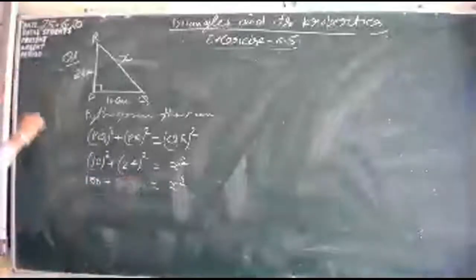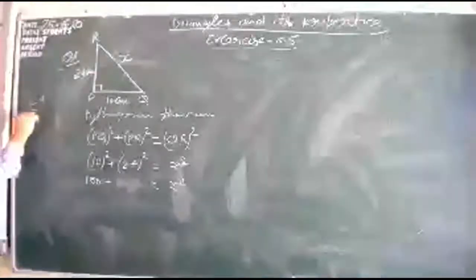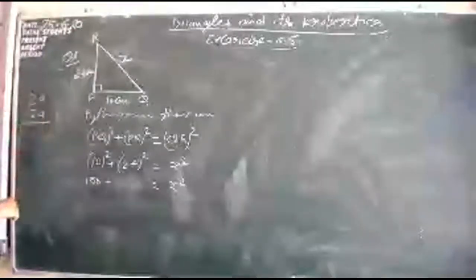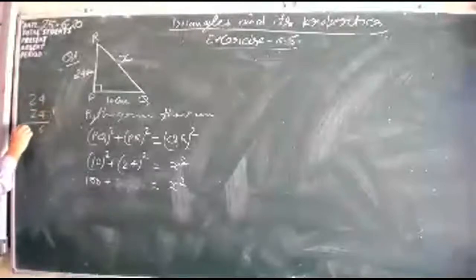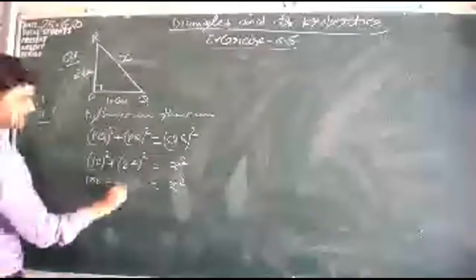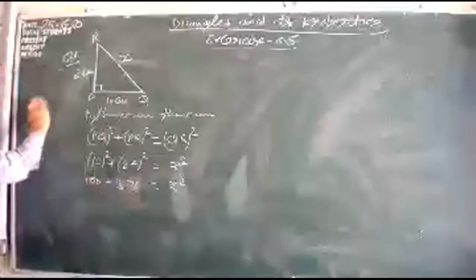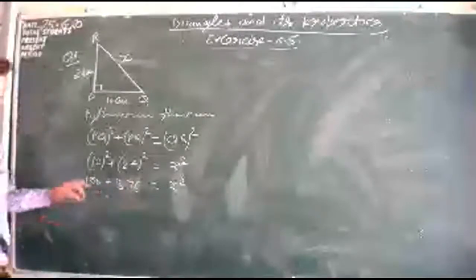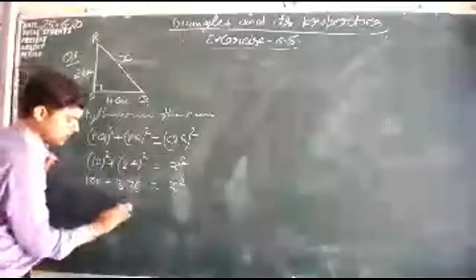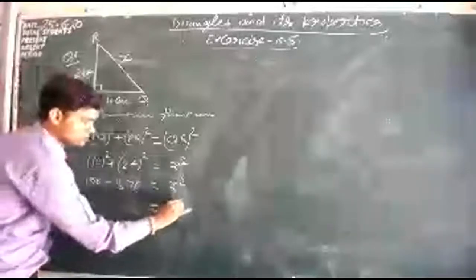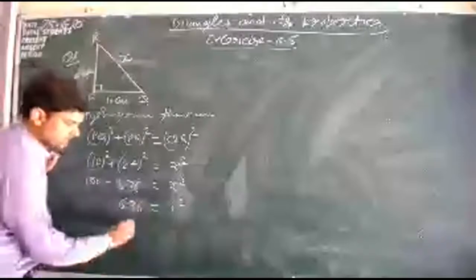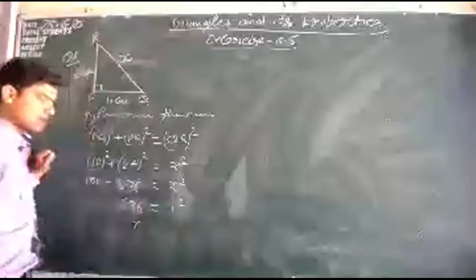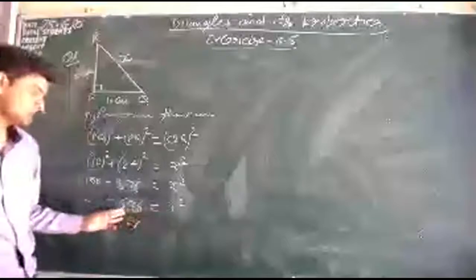Okay, 576. And we have to add these two. x square is equal to 676. Okay, it means x square is equal to 676.